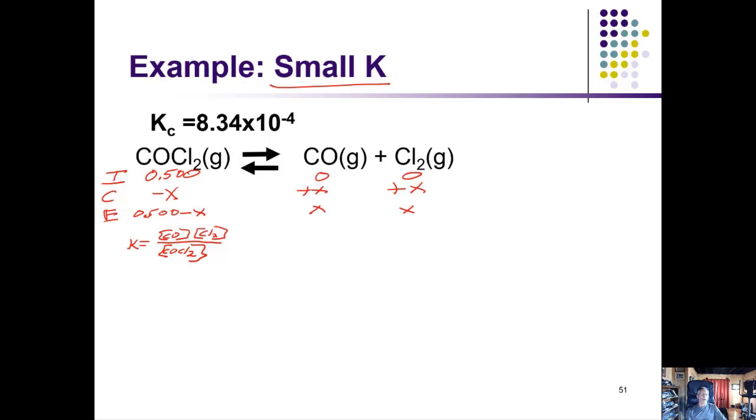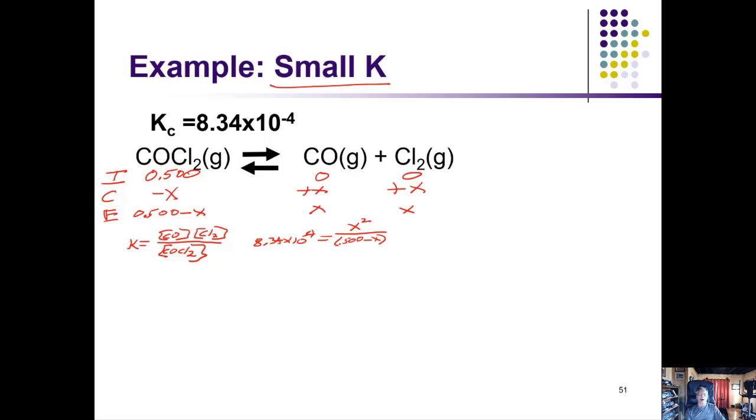And here we go. Let's plug our values in. So I would have 8.34 times 10 to the minus 4 is equal to x squared divided by 0.500 minus x. All right, let's solve this.